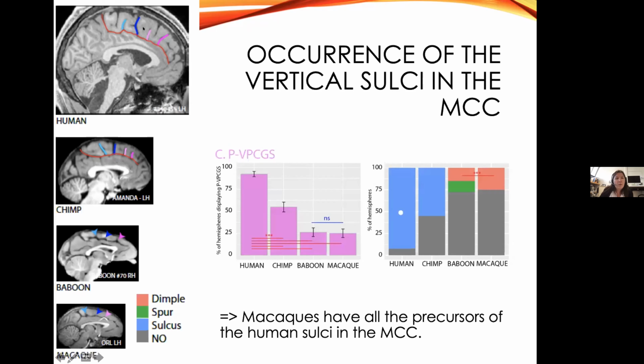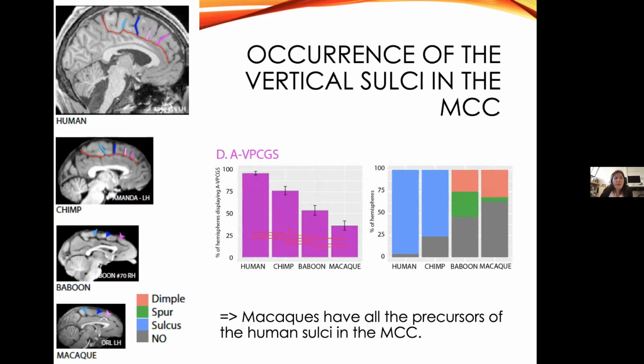Then the posterior vertical paracingulate sulcus here is mostly present in human, still there in chimp and really less in baboon and macaque. But again, we see exactly the same gradient of the shape of these sulci across primates.